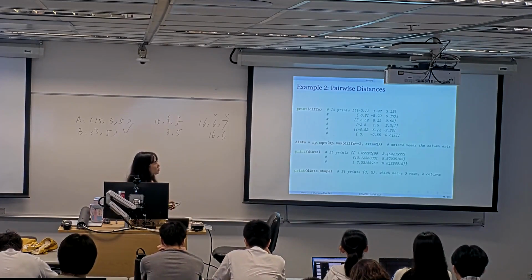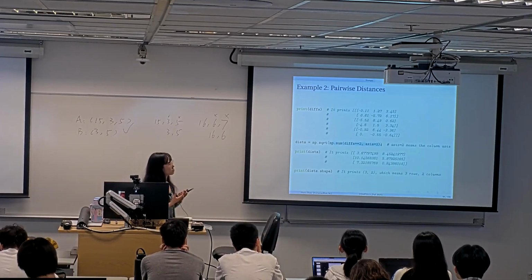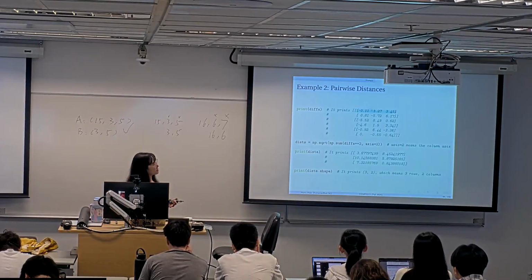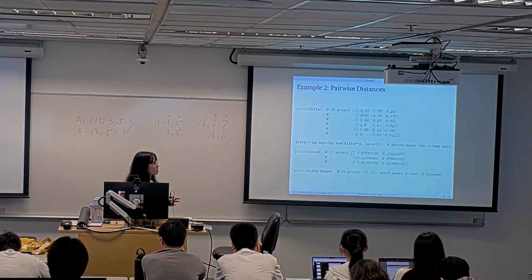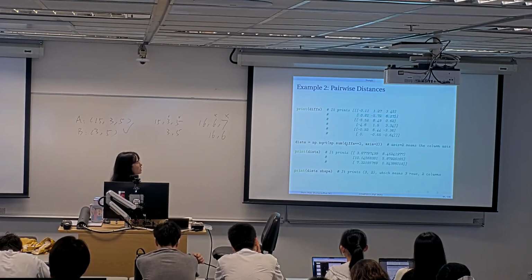So that's why we need to use numpy.sum of diffs squared with axis equal to the column axis. Basically, we want to add these things together, like minus 0.11 plus 1.27 plus 3.45. This is the sum. And for each row, we want to get the sum. And the row is the column direction.